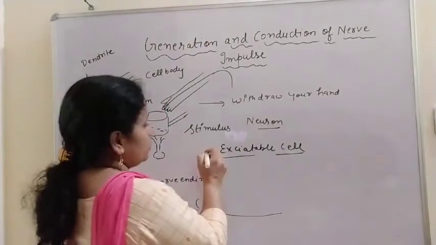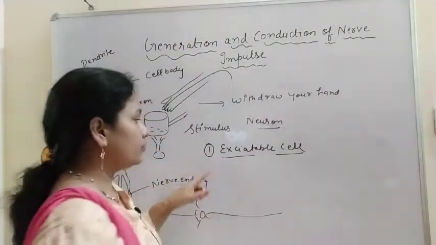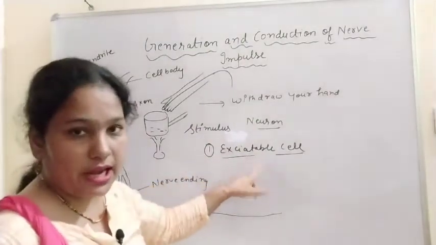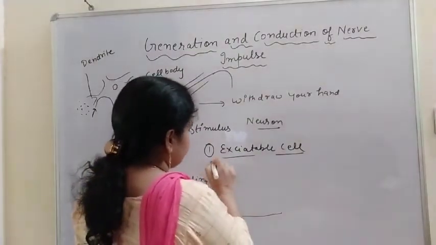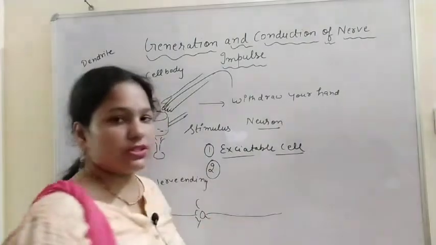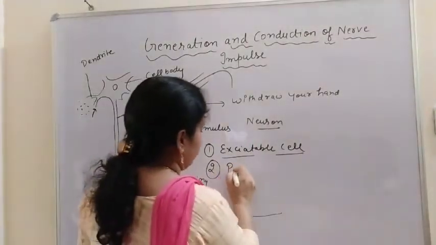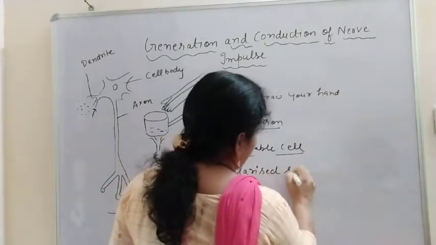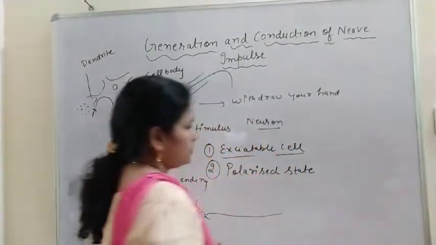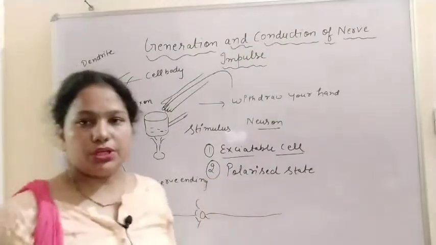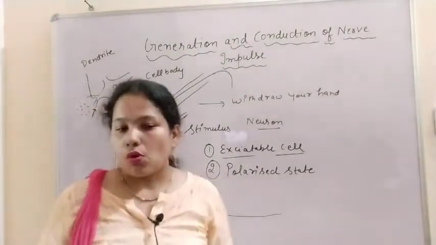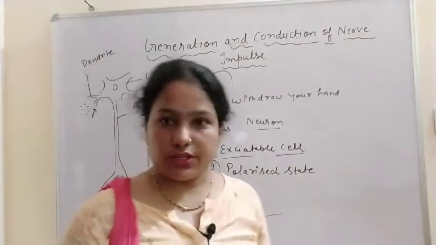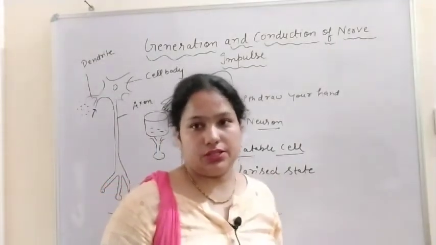So one thing you have to remember: the neurons are excitable cells, and second, in the resting state, they are in the polarized state. Now let us understand what is the meaning of polarized state, or the resting state.